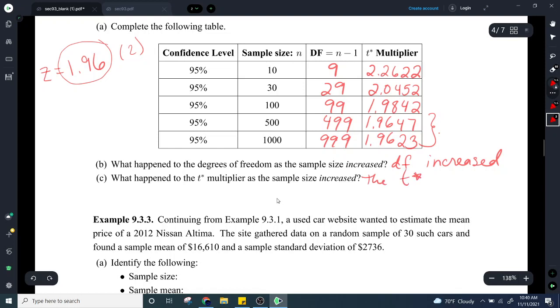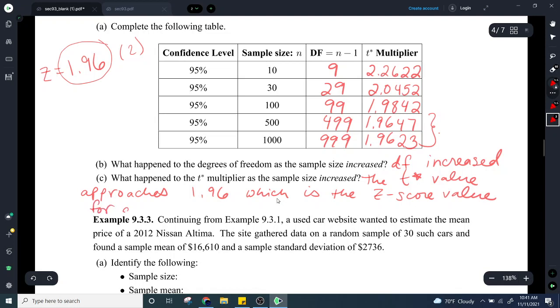The t-star value approaches 1.96, which, as you recall, is the z-score value for a 95% confidence interval with population proportion. Just like we were doing earlier in the course.